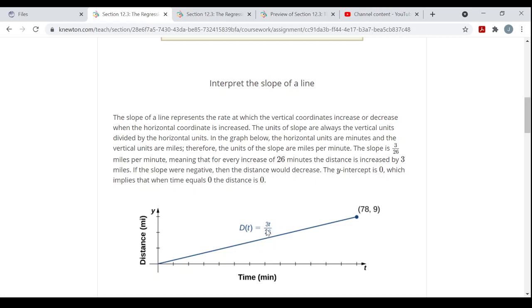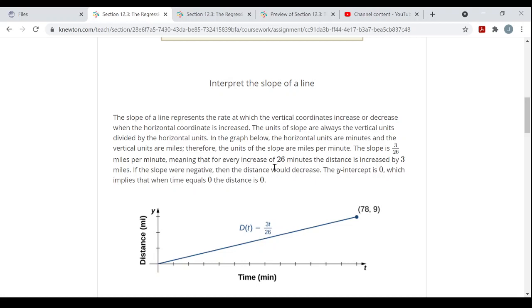So the slope here is 3/26. The number on the variable, 3/26, that's the slope, and it would be 3/26 miles per minute, vertical units over horizontal units.